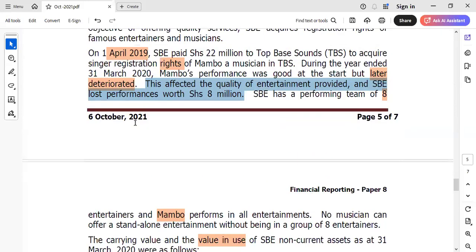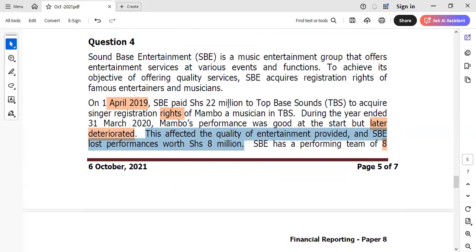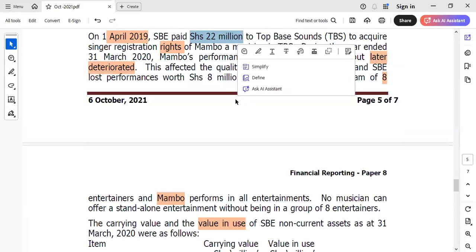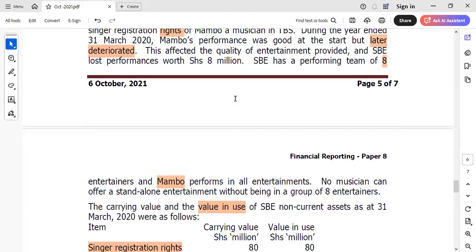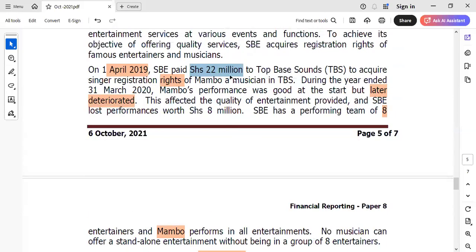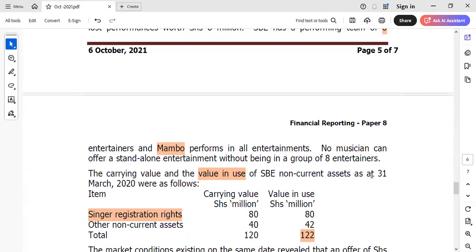We have talked about how it should be accounted. And this 22 million was at the start of 2019. Here, what you have is at the end of that financial year.